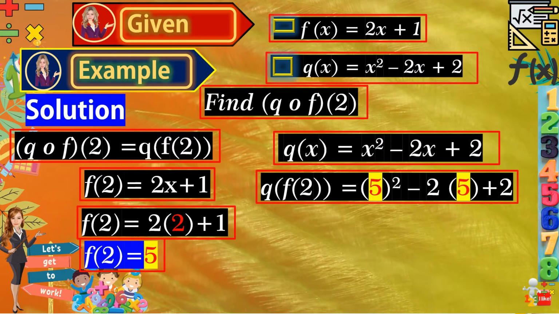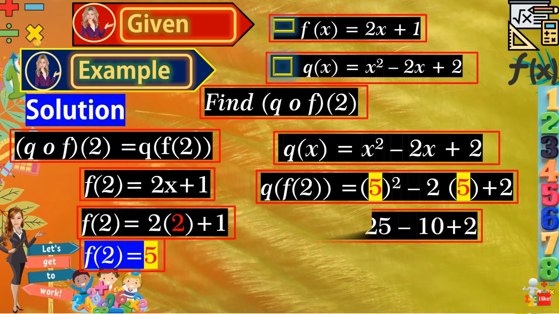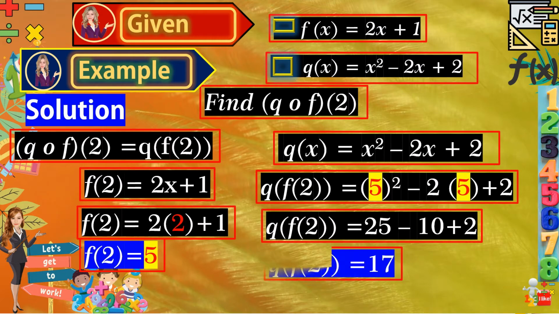Let us simplify. 5 times 5 equals 25. Then, negative 2 times 5 equals negative 10. Then add 2 as the constant term. 25 minus 10 plus 2, the answer now is 17. Thus, q composed with f of 2 is equal to 17.